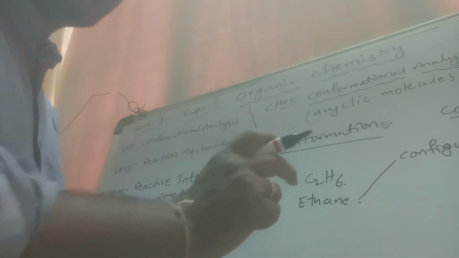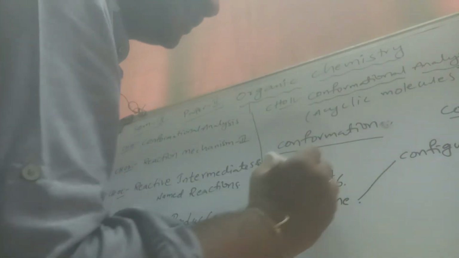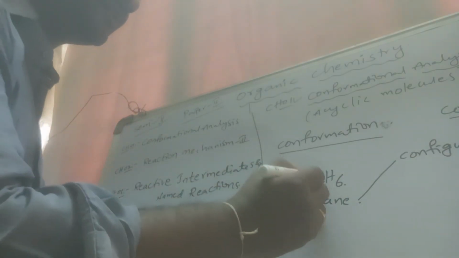So what is the difference between the configuration and conformation? First, how to write in the form of configuration. Configuration indicates whatever molecules, atoms, and bonds are present in the molecule can be shown under the configuration. So simply it is called a 2D structure. Here 2 carbons are there, so we display 2 carbons and 6 hydrogens.